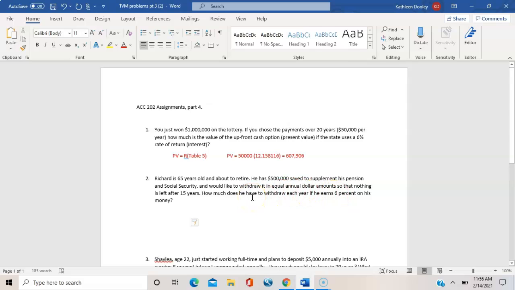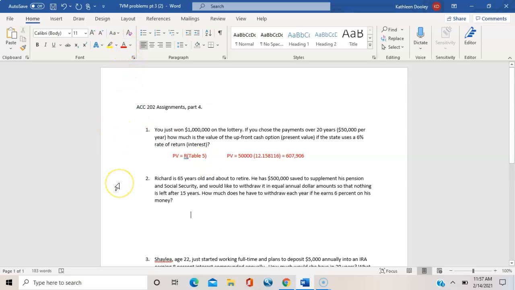Okay, so here in our timeline, we have a present value of 500,000, and our R is what we want to know. How much is he going to take out? We have 6% for our I and 15 years for our N. This is supposing, again, that he's going to take out the money at the beginning of each of the 15-year periods.